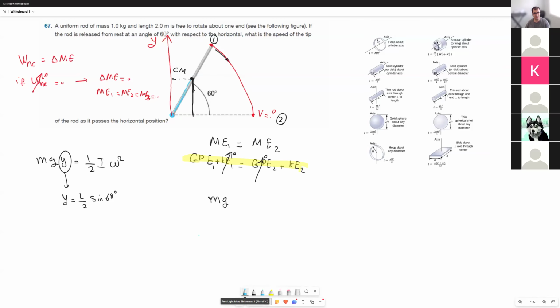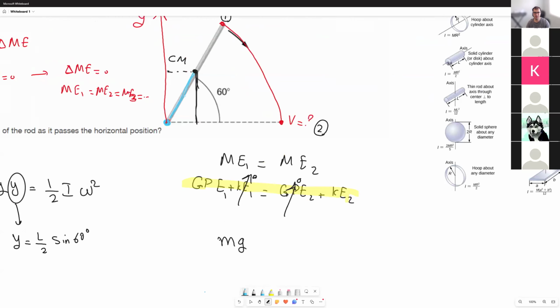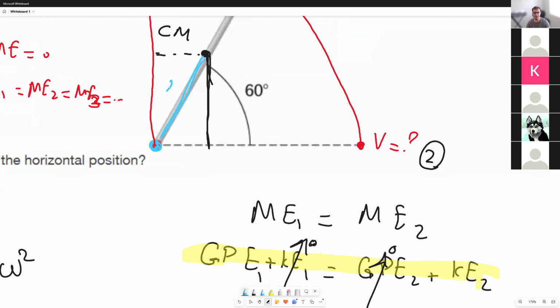This much is L over 2, right? And this angle is 60 degrees. This black line is going to give you L over 2. Let me be consistent with my L. Let's use the small l. L over 2 sine 60 degrees.